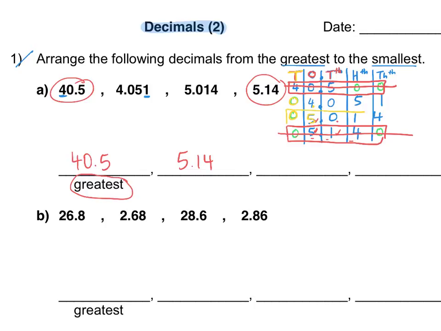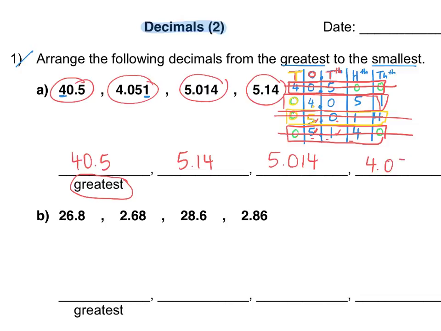So with that, we found our next greatest decimal, that is 5.014. So we are done with this, and therefore the smallest decimal will be the remaining one, which is 4.051. And we cancel. This is the answer for part A.